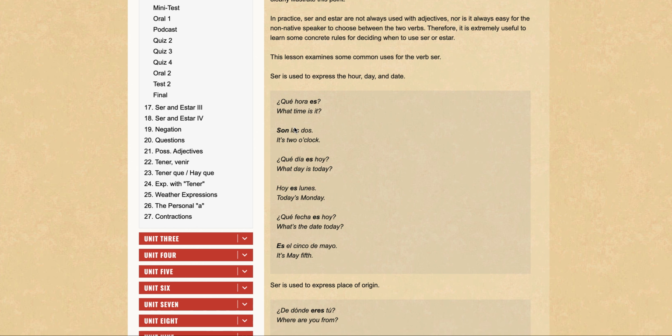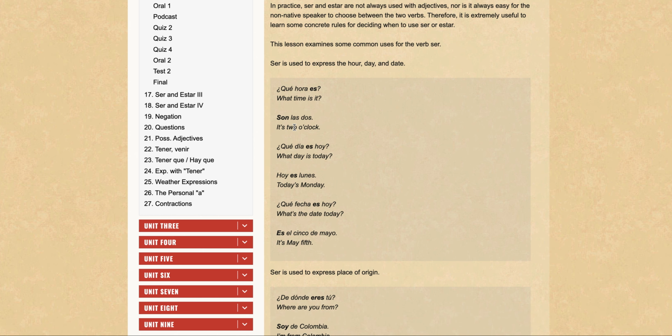For instance, you can say ¿Qué hora es?, which means what time is it? Notice that you have the ser form here, which is at the end of the question. ¿Qué hora es?